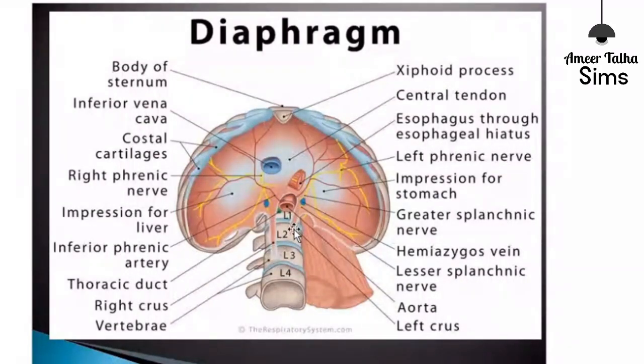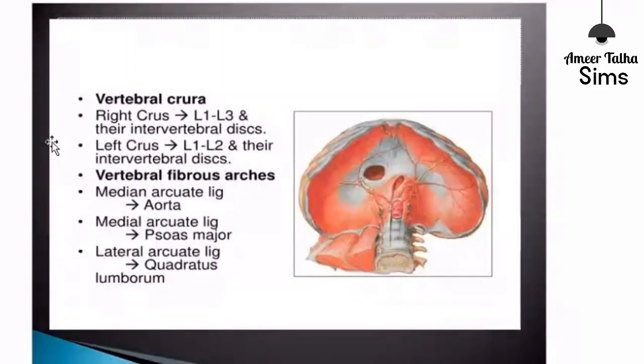Now we will discuss the arcuate ligaments. We have three arcuate ligaments: median arcuate ligament, medial arcuate ligament, and lateral arcuate ligament, right?